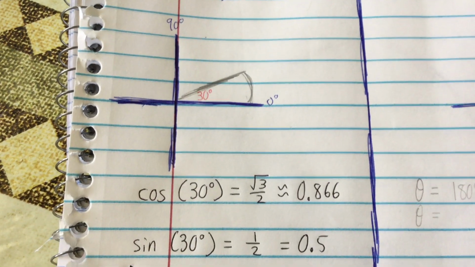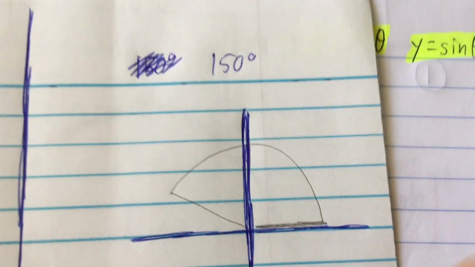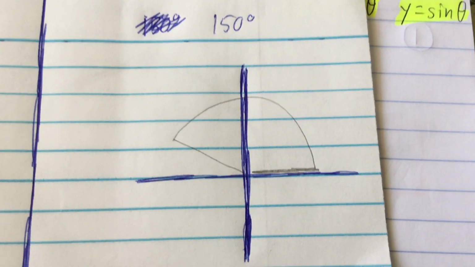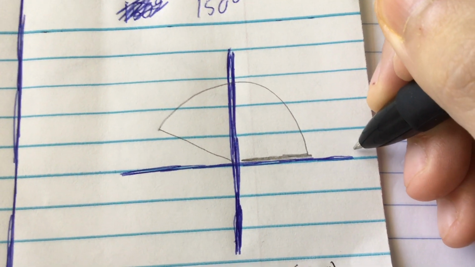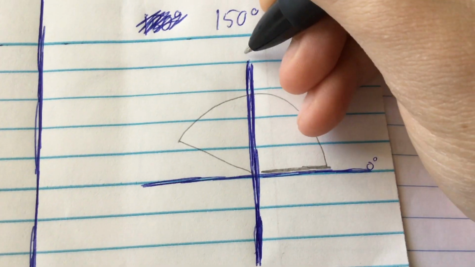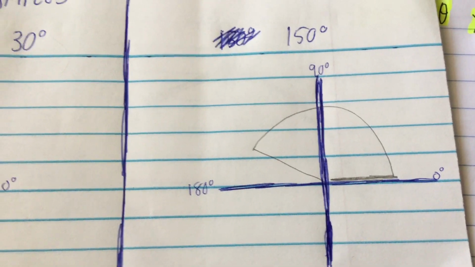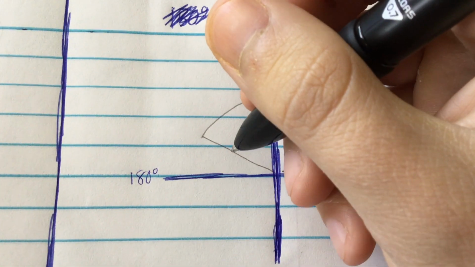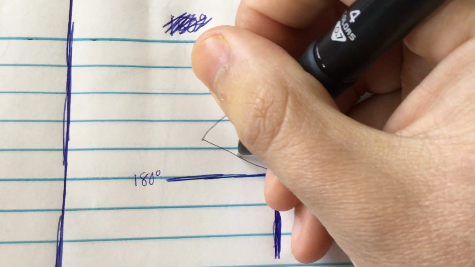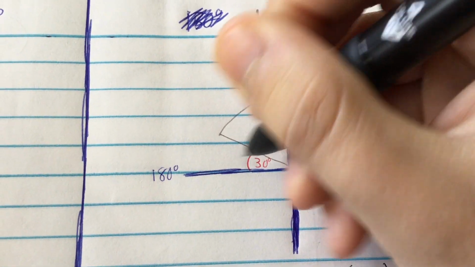Well, if we look for 30-degree angles in all 4 quadrants, these are the results that we get. So we take 150 degrees. Remember that we start here on the right part of the x-axis, and that creates 0 degrees, past the 90 degrees, and then just shy of 180 degrees. Now, why are the 30-degree angle and the 150-degree angle similar? It's because they meet up in quadrant 2, and they form a 30-degree angle when I sandwich them with the x-axis.